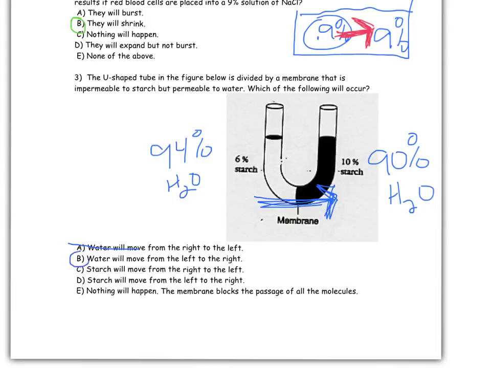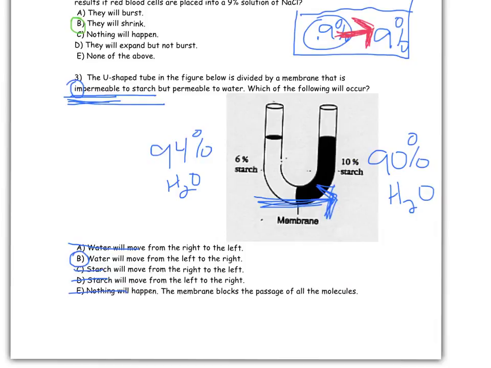There's your answer. Starch will move? We know starch won't move because it said it was impermeable to starch. Impermeable means not permeable. Remember, the IM is a prefix that means not. We know starch won't move, so these C and D are wrong, and nothing will happen is wrong, and we can move on now.